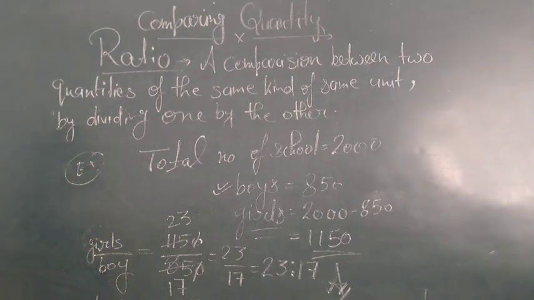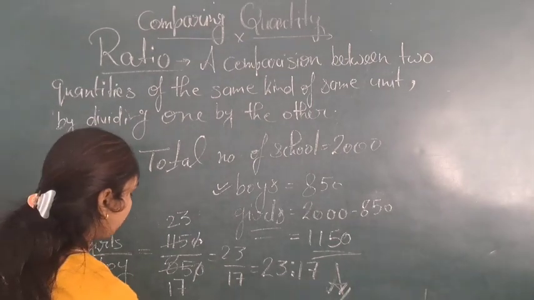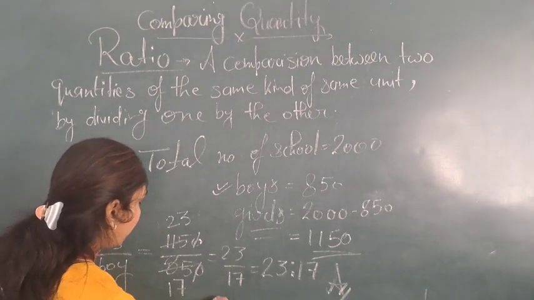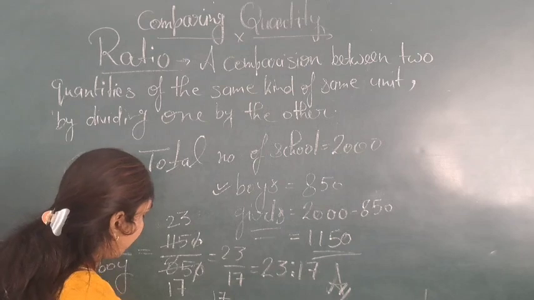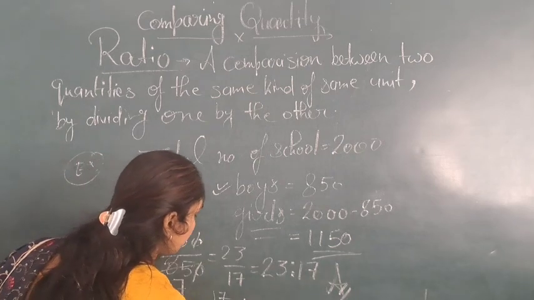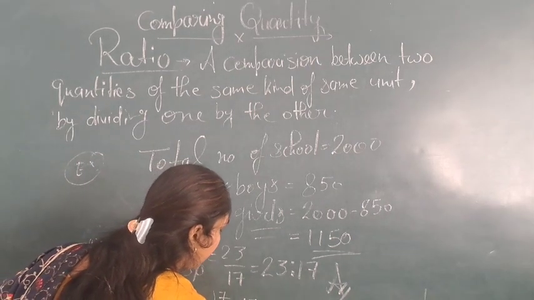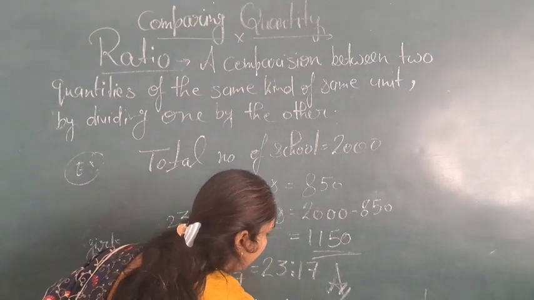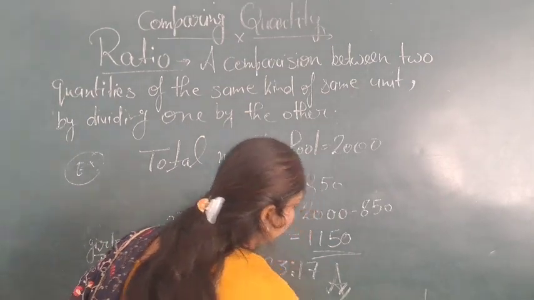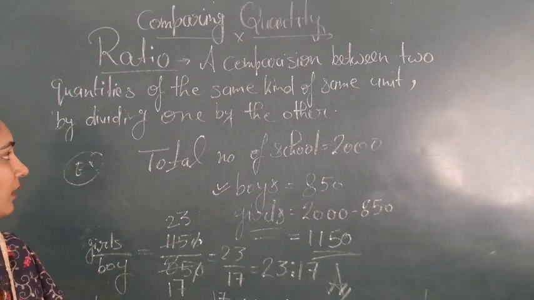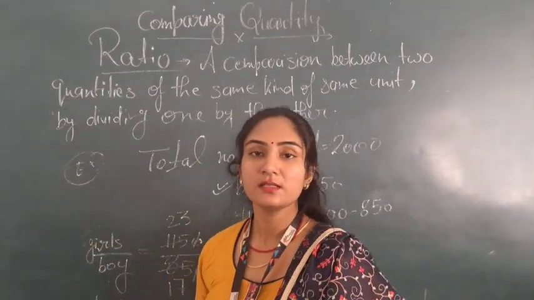Now convert it into the simplest form. We will divide by 50: 850 by 50 is 17, and 2000 by 50 is 40. So 17 upon 40, and we will write it in the form of a ratio, 17:40. I hope you understood, students. Thank you.